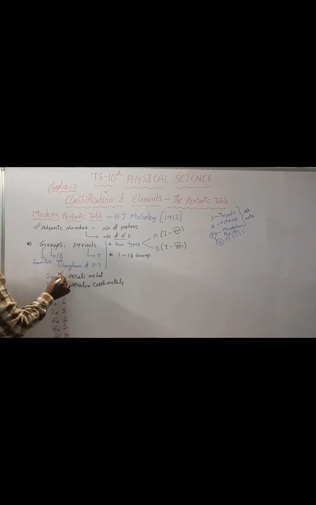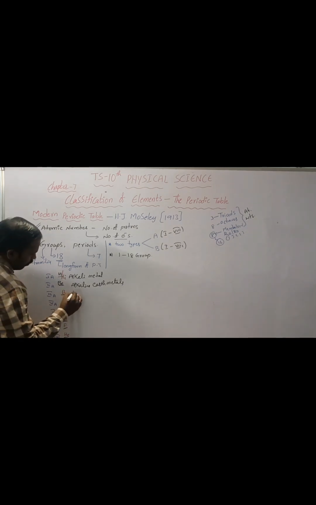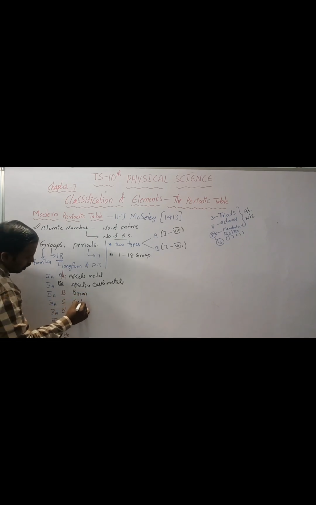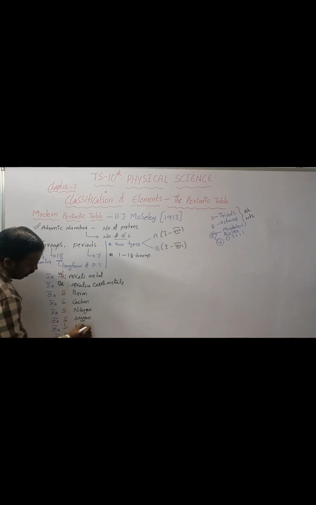Okay, so here hydrogen or lithium, right? Here, the third A group is the boron family, this is the carbon family, this is the nitrogen family, this is the oxygen family, this is the halogens, and this is the noble gases or inert gases.